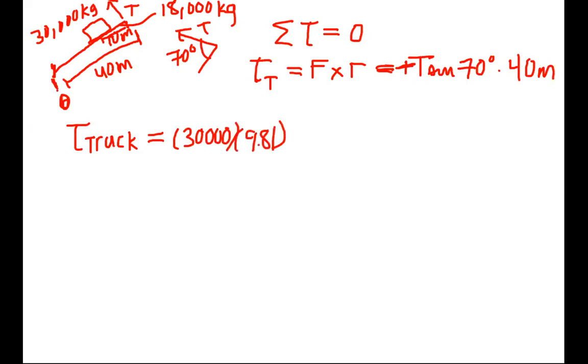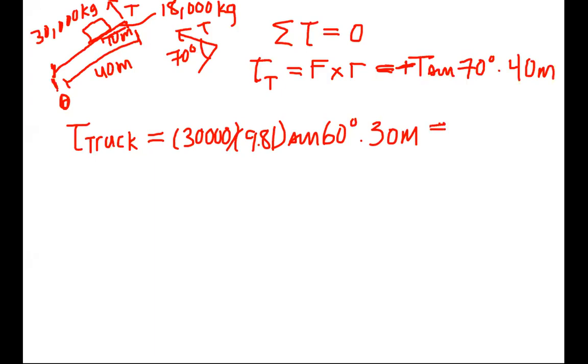But it's, again, the perpendicular component, which would be sine of 60 degrees. And that would be applied at the 30 meters because we know that it's 10 meters down from the top, which means 30 meters up from the bottom is going to give us the center of mass of the truck. So we were given that information.